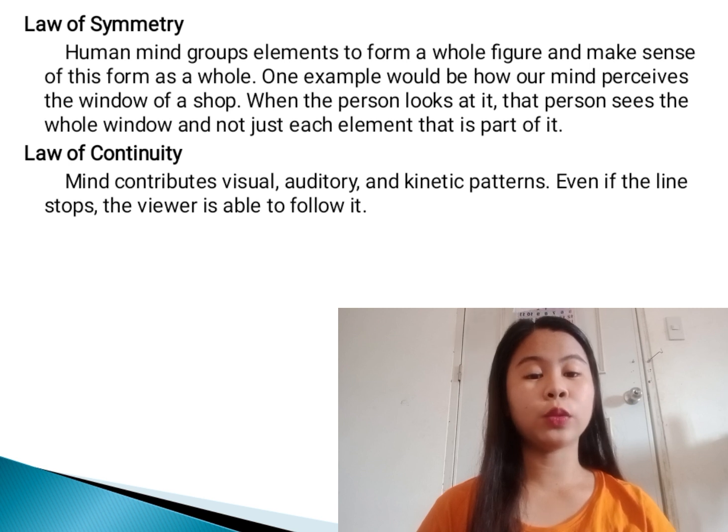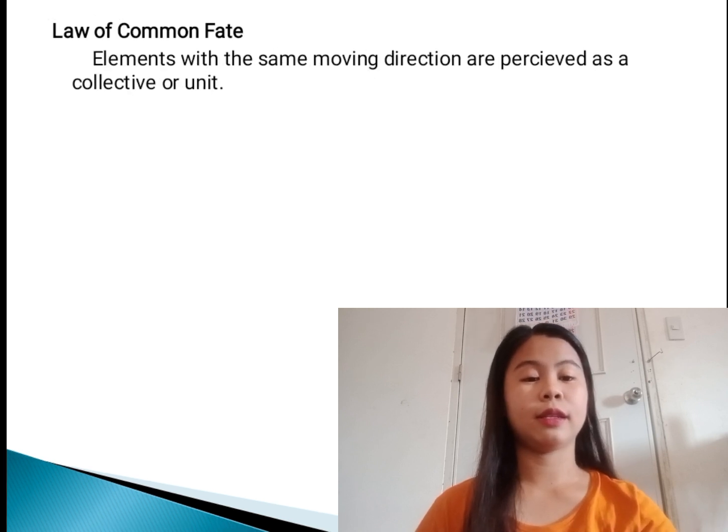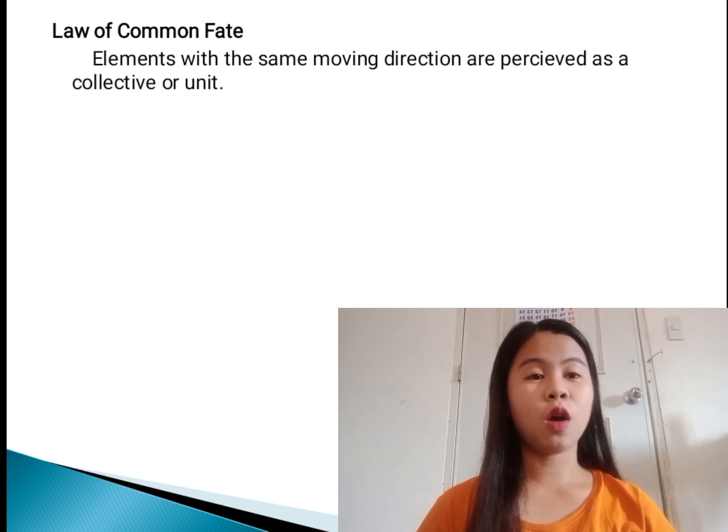Law of continuity: the mind continues visual, auditory, and kinetic patterns. Even if the line stops, the viewer is able to follow it. Law of common fate: elements with the same moving direction are perceived as a collective.